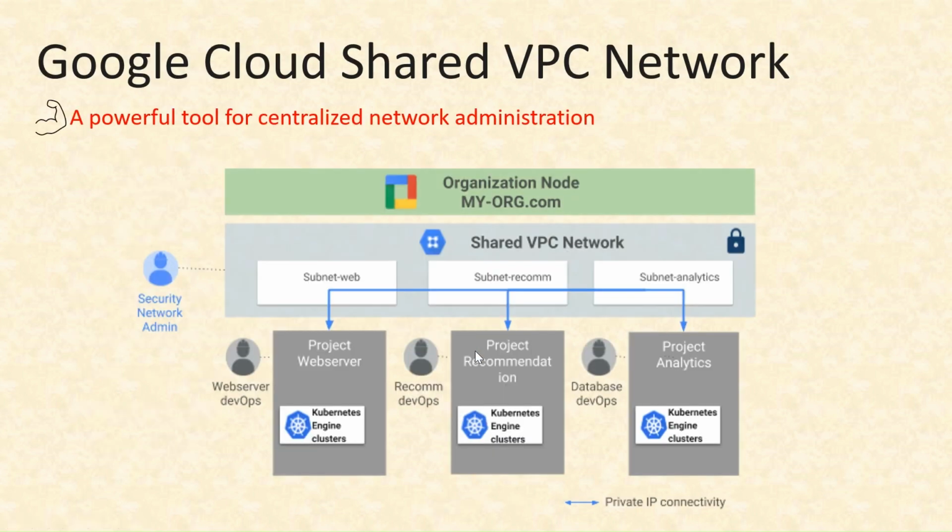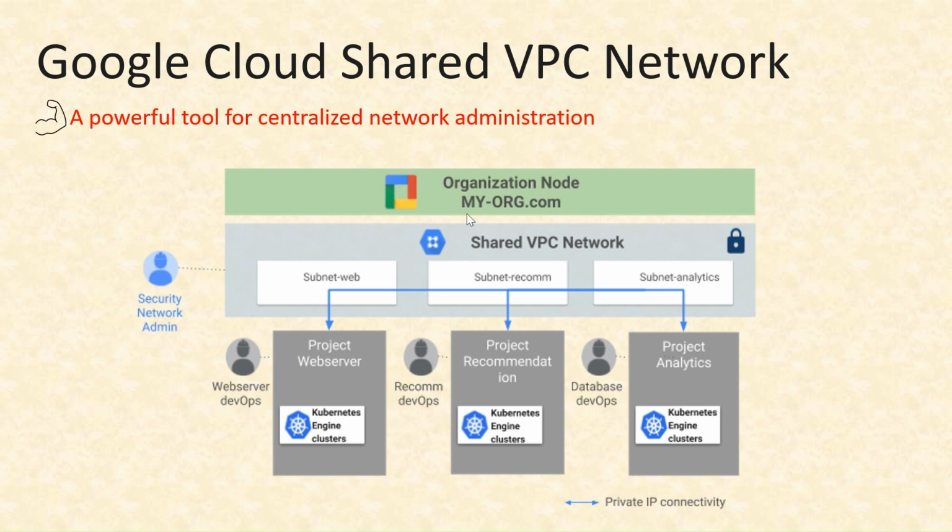So what is a shared VPC network? Shared VPC is nothing but a traditional, standard VPC that is shared in nature. Shared VPC allows an organization to connect resources from multiple projects to a common VPC.